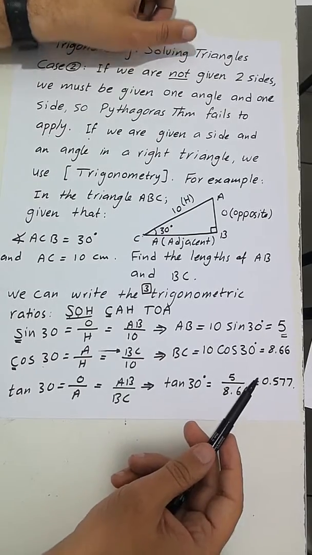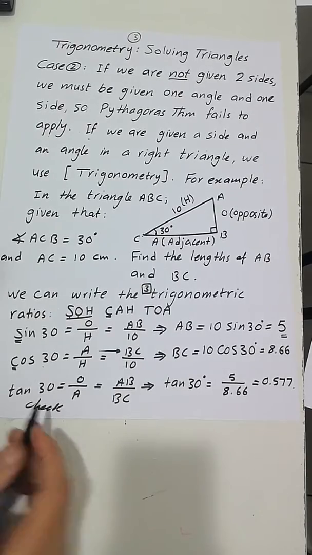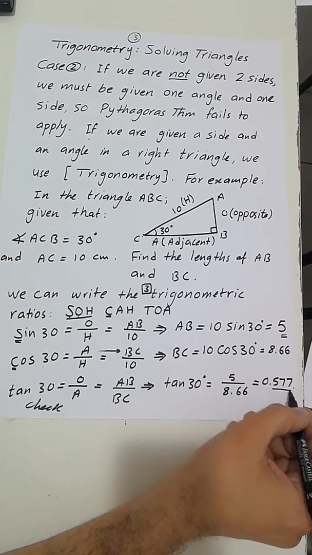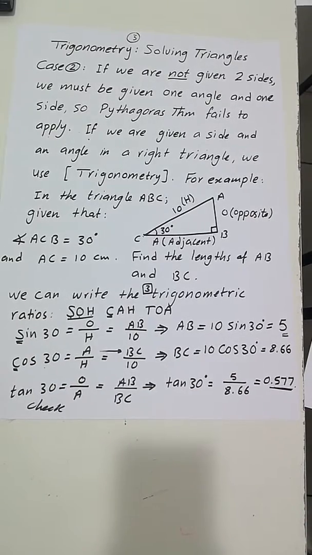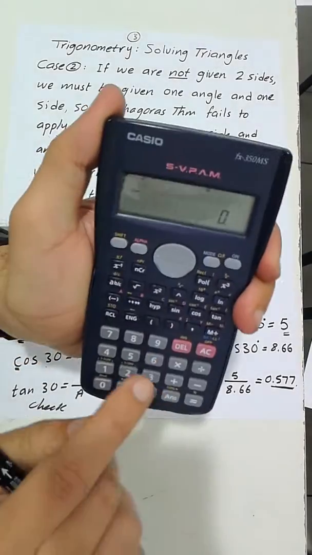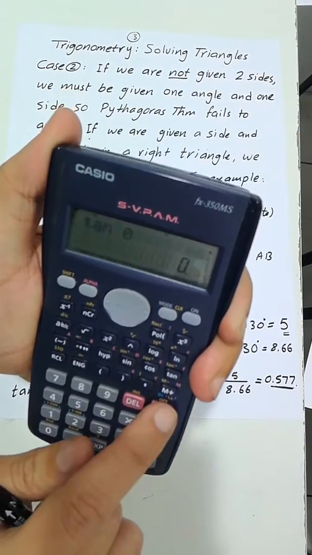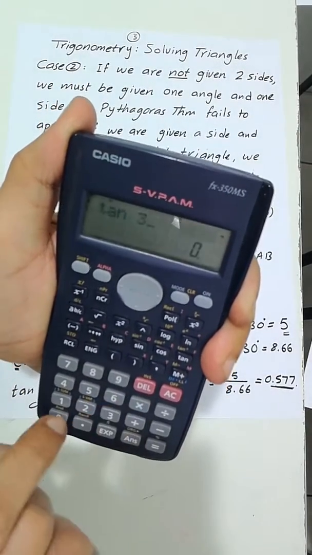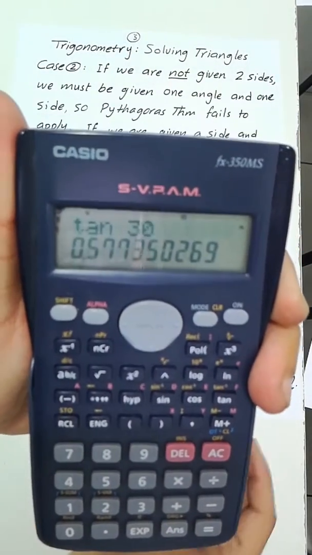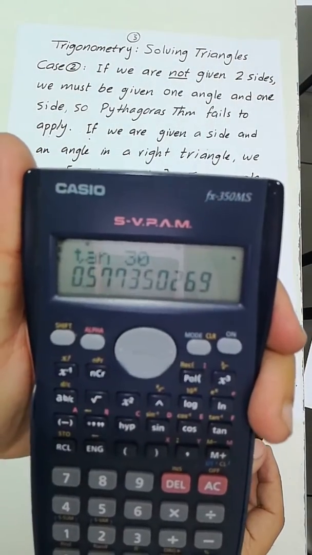Are these values, 5 and 8.66, correct? How can we check? We can check using the third ratio. Look, tan 30 in the calculator is 0.577 to three significant figures.